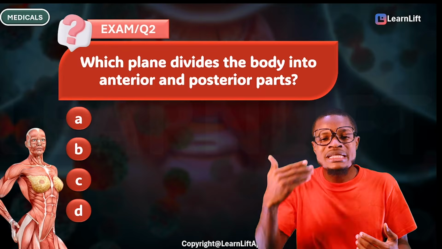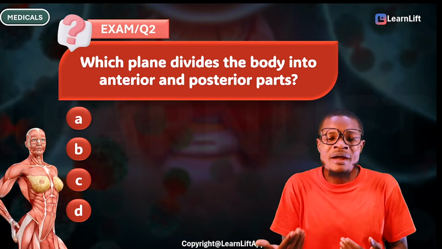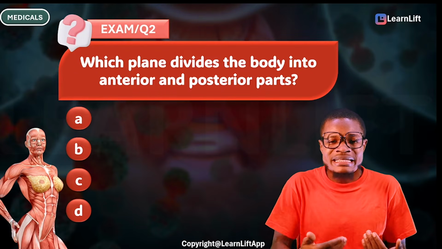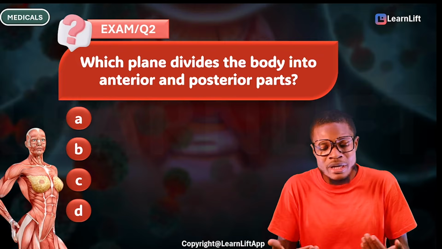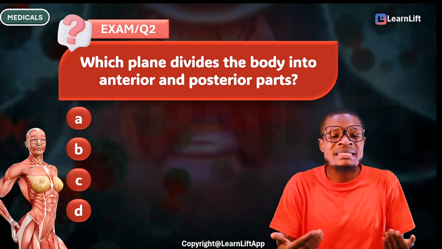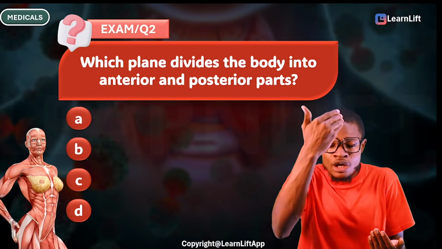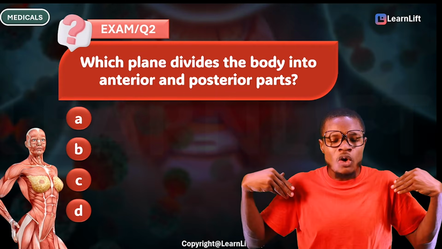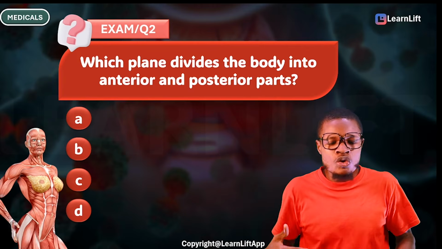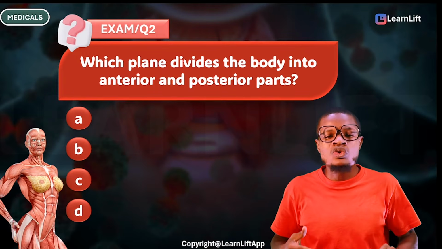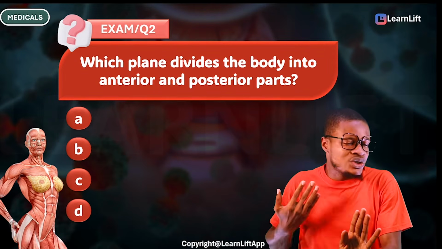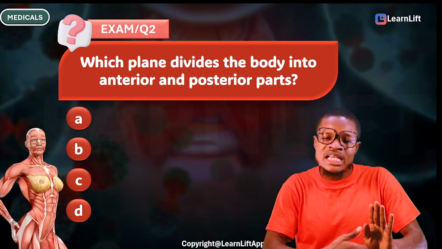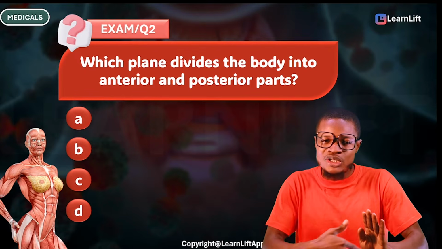Then we have another called the sagittal plane. Sagittal plane is parallel to the median plane, and it divides the body into 2 as well, right and left. Both the median and the sagittal plane are your vertical planes. And then we have another vertical plane, which is called the frontal or the coronal plane, and it divides the body into what? Anterior and posterior.